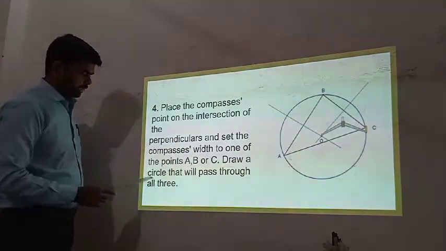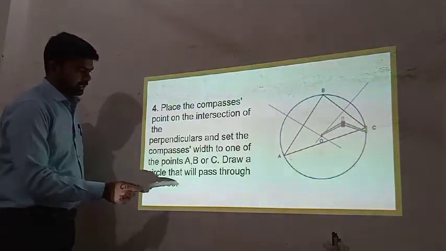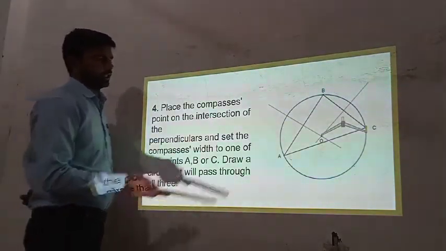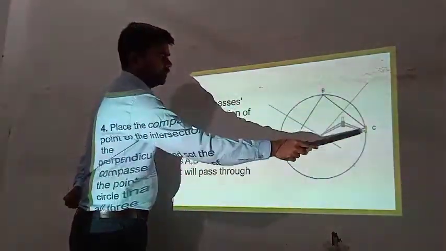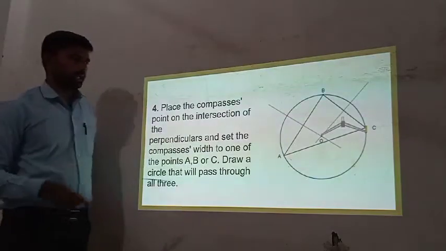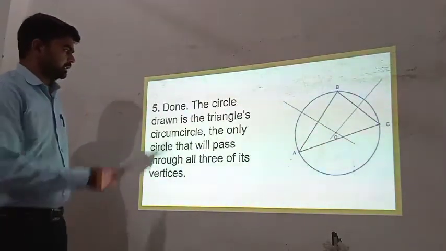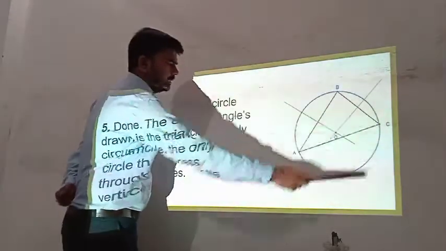Now we have to draw the circle that passes through all three. We draw a circle that passes through all the points A, B and C. Now see, we have drawn the circle.